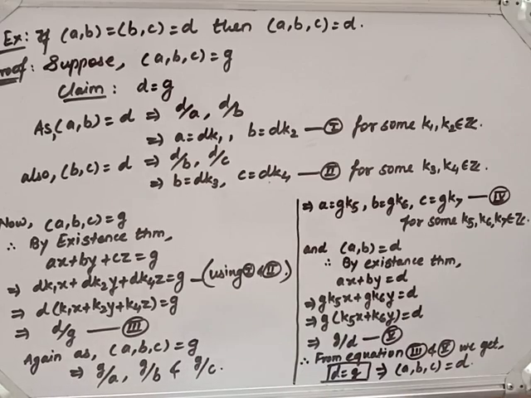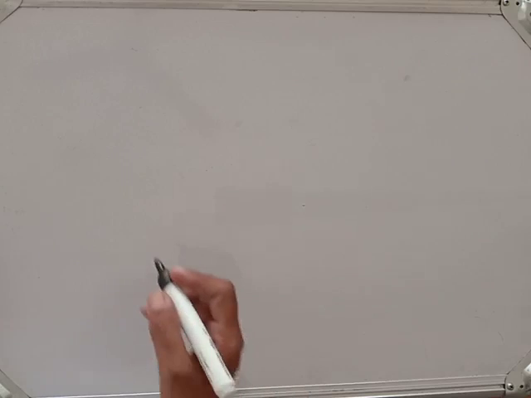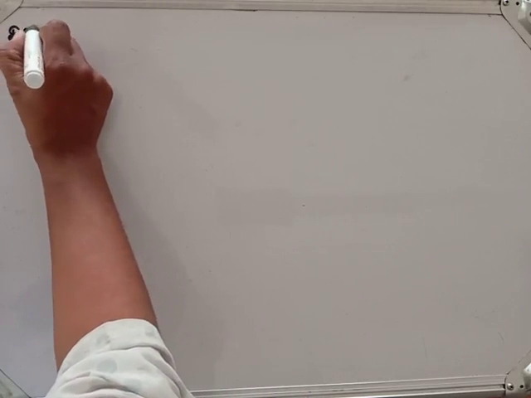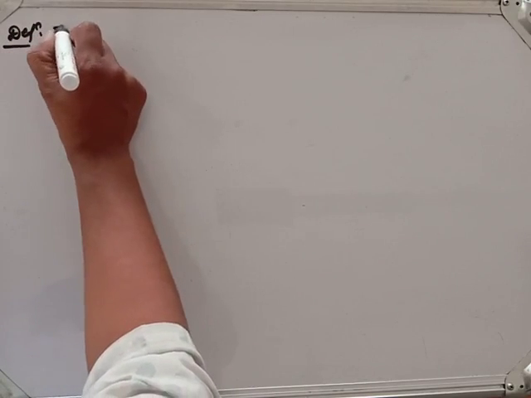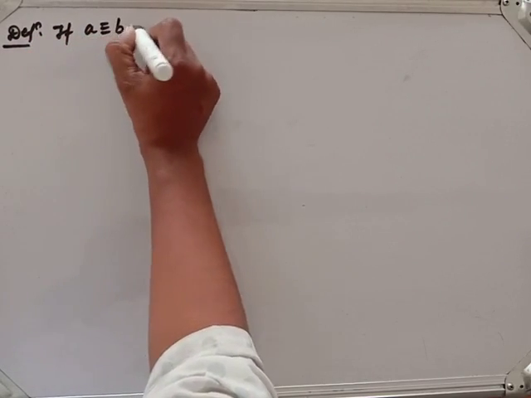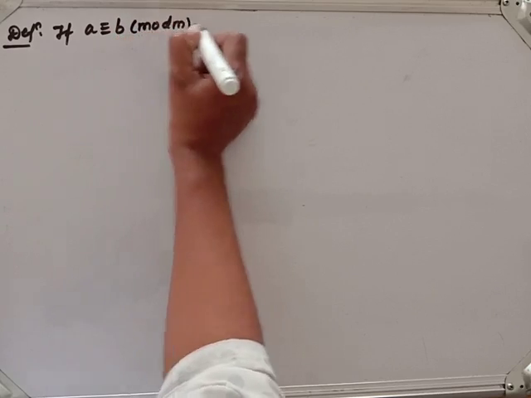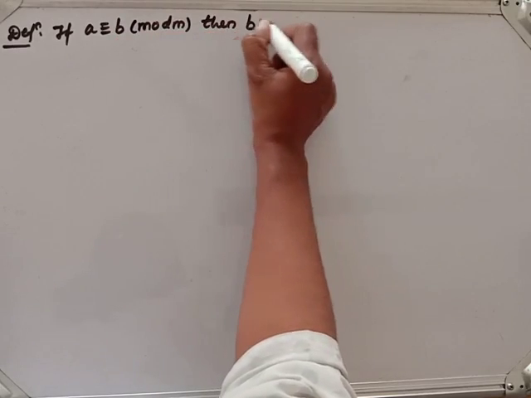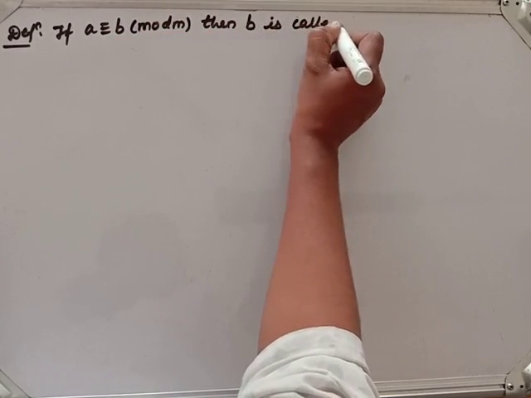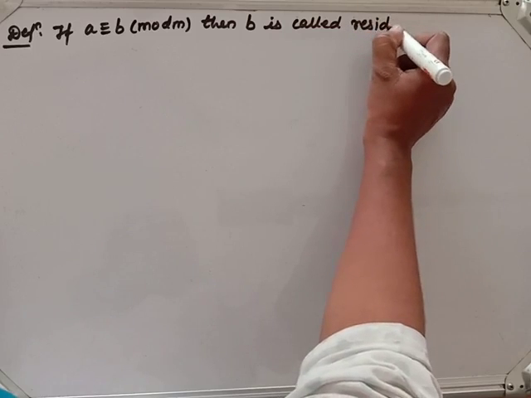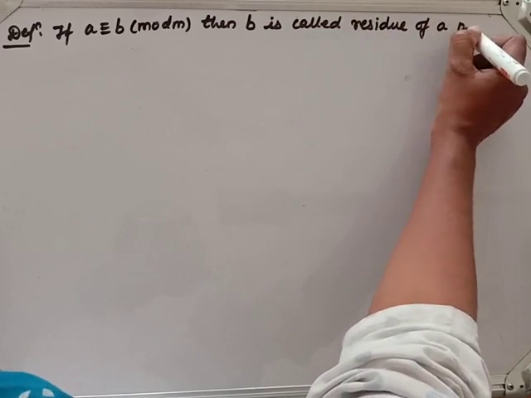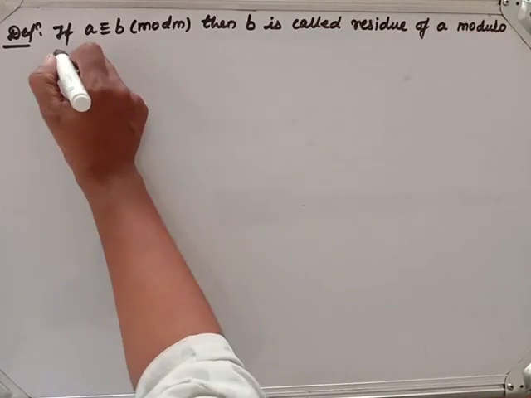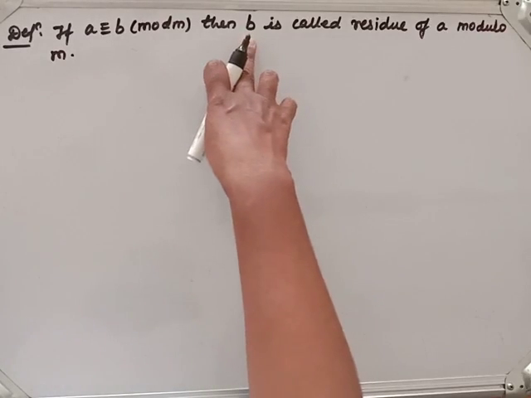Now let's go for the next and important definition, the definition of the residue of A modulo M. The definition says if A is congruent to B modulo M, then this B is called the residue of A modulo M. In simple language we can say this B is nothing but the remainder.